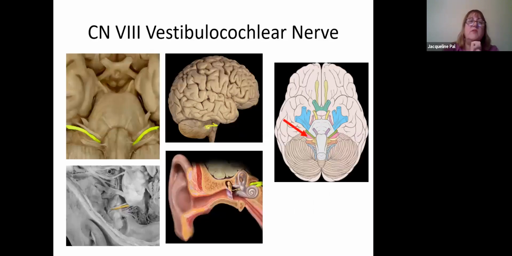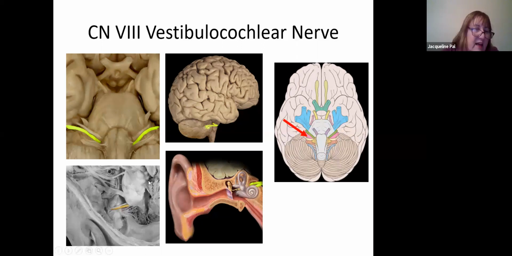All right, so moving on, we're in the 8th cranial nerve, which has that really long name, vestibulocochlear nerve, because basically it's 2 sensory nerves that have merged together, one coming from the cochlea and one coming from the vestibule. And so this one is going to be entering just lateral and slightly inferior to the 7th cranial nerve.